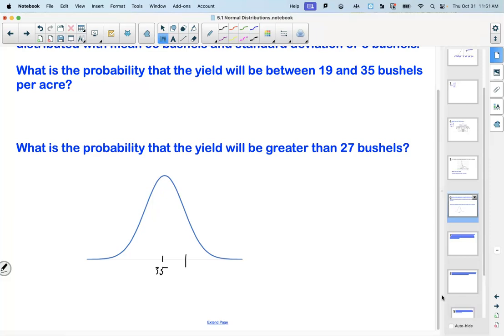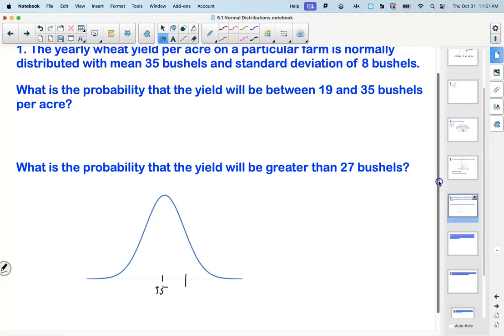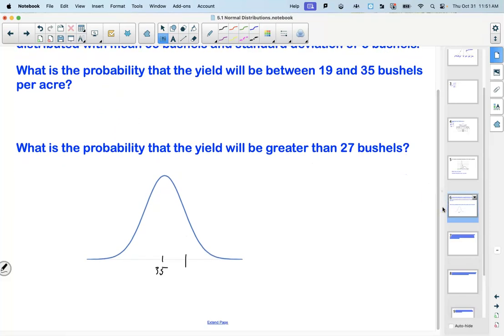So I'm going to add my standard deviation, which was 8. 35 plus 8 is 43. Then I'm going to go about the same distance again, add another standard deviation, that's 51. Go the same distance again, I'm at 59. Heading the other direction, one standard deviation to the left, I'm subtracting 8.